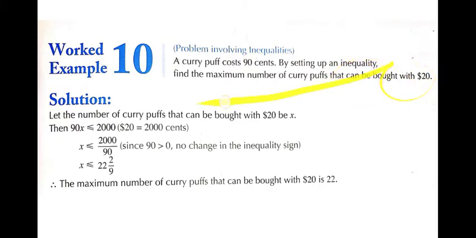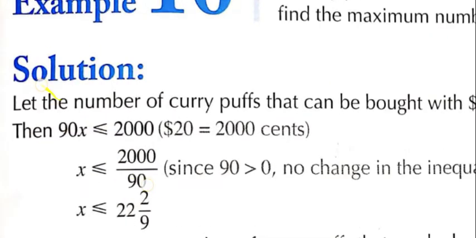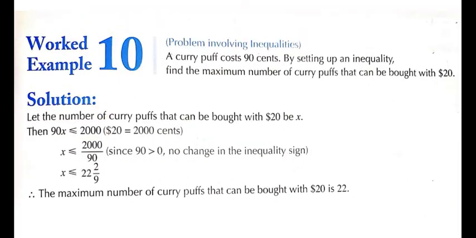That means this is already the maximum number, so you can either buy curry puffs which cost less than the money you have, or at least equal. You cannot buy more curry puffs than the money you have. You cannot afford it. That's why it's less than or equal to 2000.